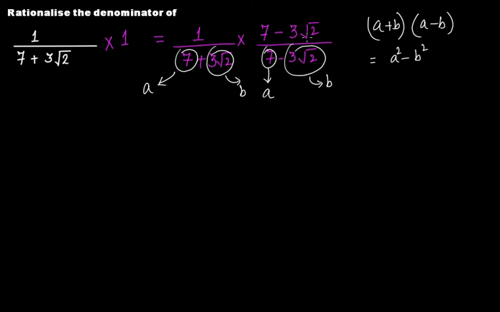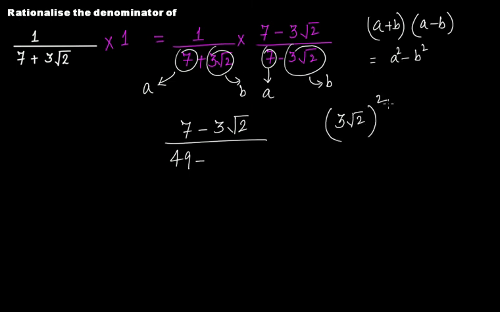So this becomes, the numerator is 1 multiplied by 7 minus 3 root 2, that is 7 minus 3 root 2, and the denominator is now, a is 7, so 7 squared means 49, minus 3 root 2 whole squared, right?